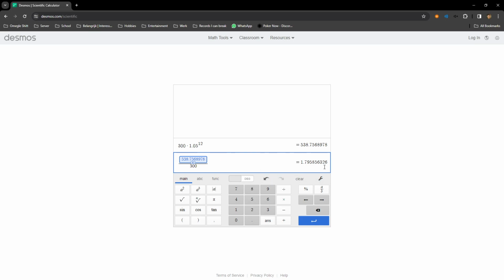So yeah, every year you can multiply by 1.8, basically, because that's this. Why am I doing it so hard? I can just do this to the power of 12, and then you see 1.79. So that's basically the amount of money that you would gain by every year. So you can use this for yearly.